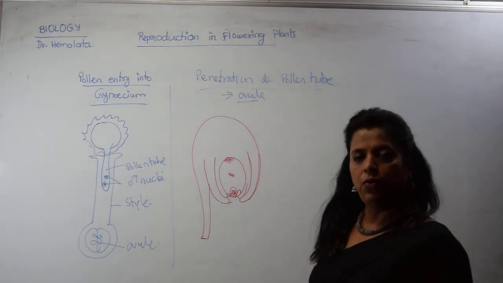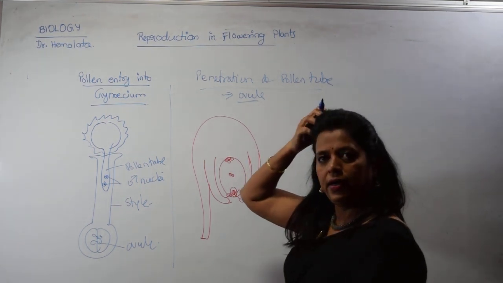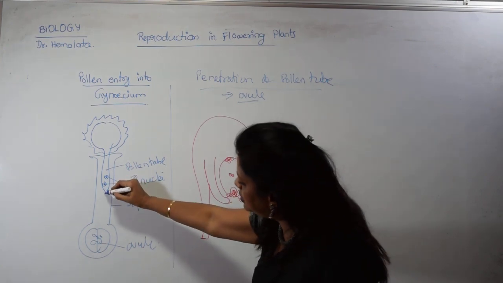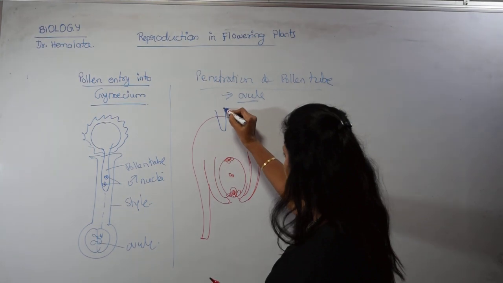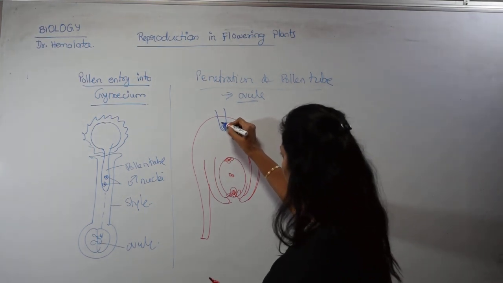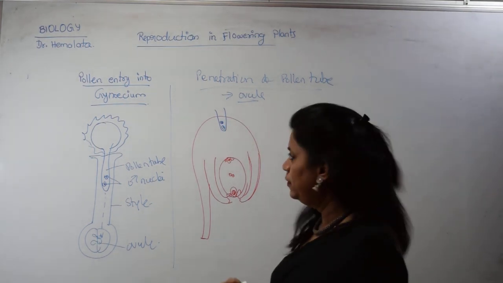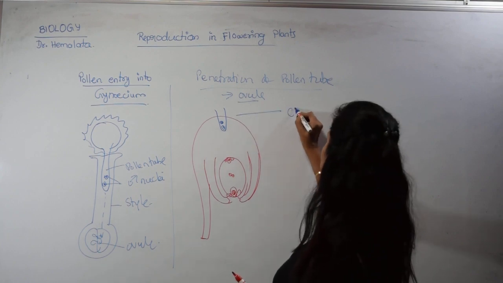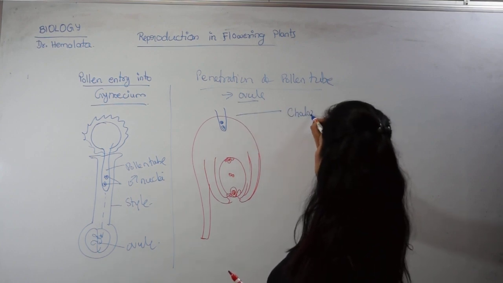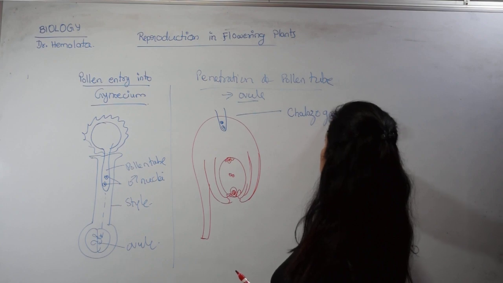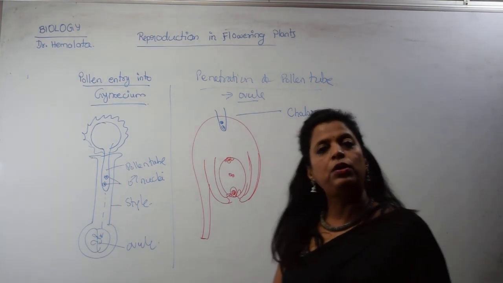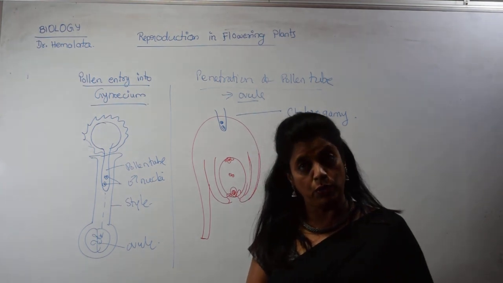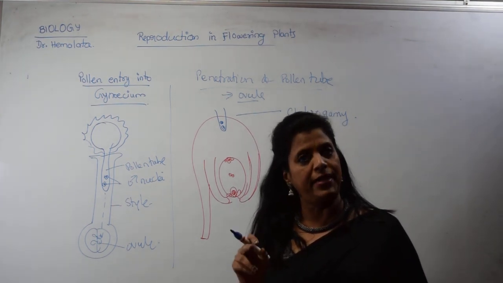Okay. Now, the pollen tube may enter, because this is coming like this, it comes and reaches the ovule. It may enter the ovule through the chalazal end. This entry is called chalazogamy. Remember, the word chalazogamy refers to the entry of the pollen tube into the ovule through the chalazal end.